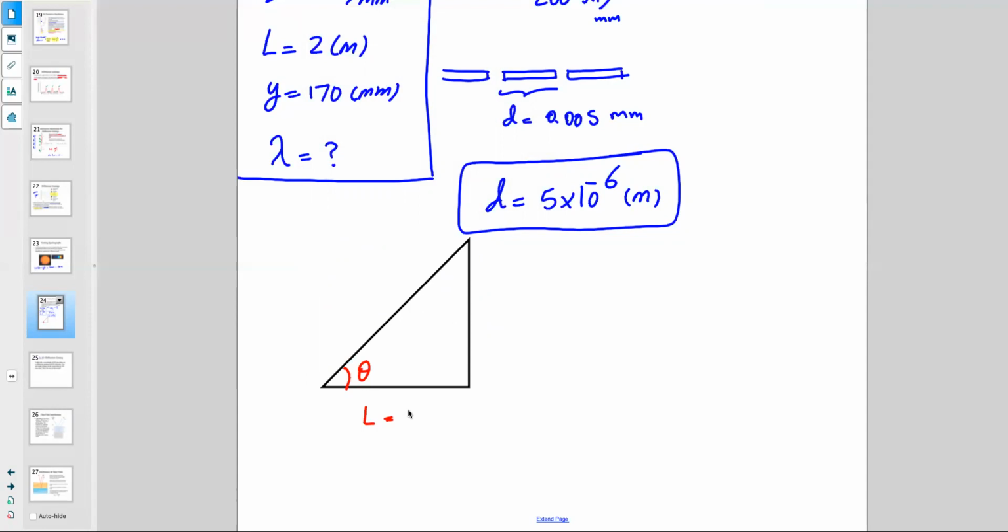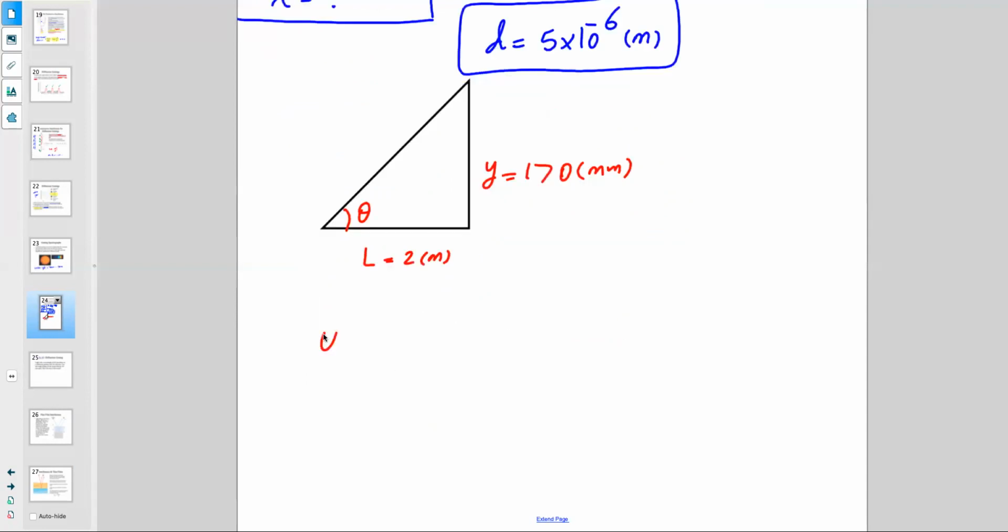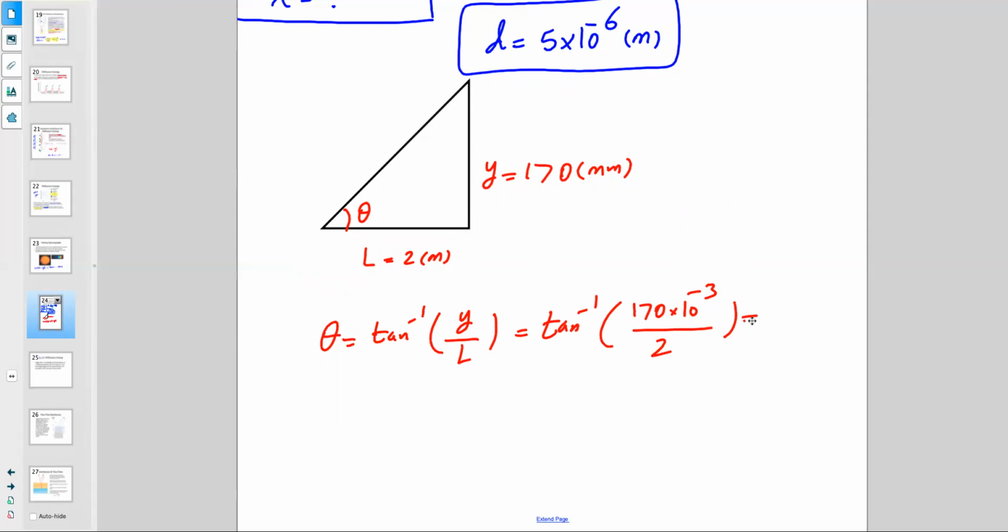Then we have y, which is already given by the problem, 170 millimeters. So theta is tangent inverse of y over L, which is tan inverse of 170 times 10 to the -3 over 2.